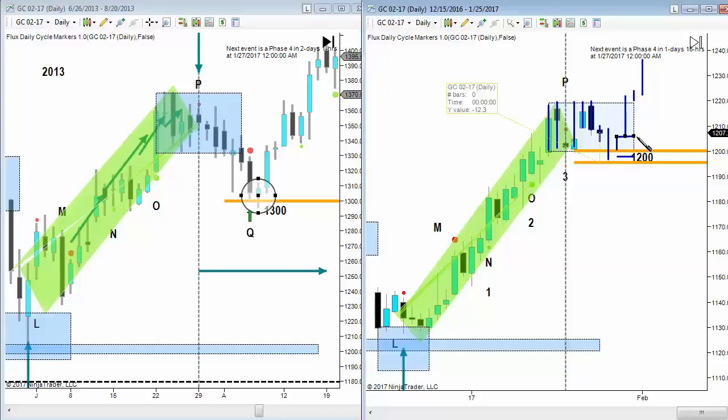If you enter here, then there should be a play back to the top of the consolidation range, which will be another $10 or $12 up, and then a breakout above. So there should be a very low risk to reward ratio over here on the right of the phase 4 coming up next.